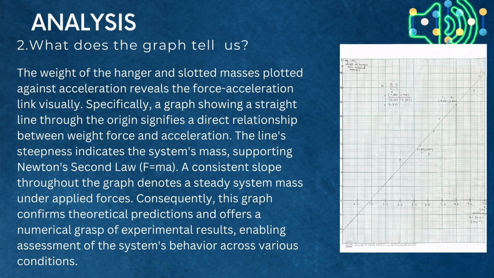Specifically, a graph showing a straight line through the origin signifies a direct relationship between weight force and acceleration. The line steepness indicates the system mass, supporting Newton's second law, that is F equals ma. A consistent slope throughout the graph denotes a steady system mass under applied force.